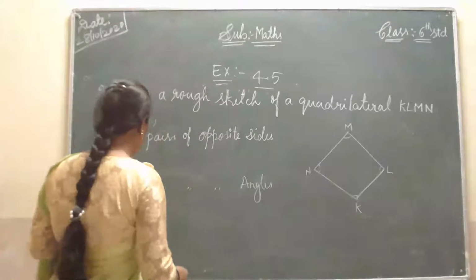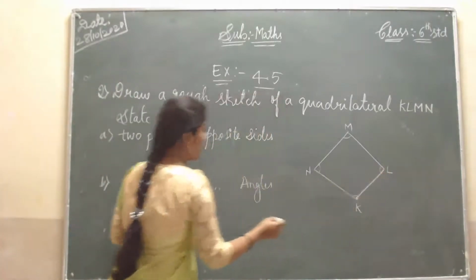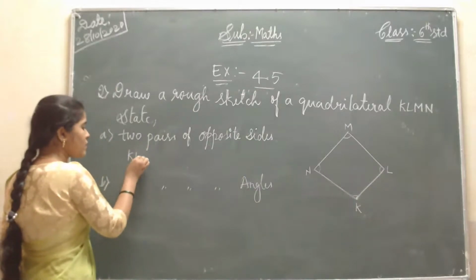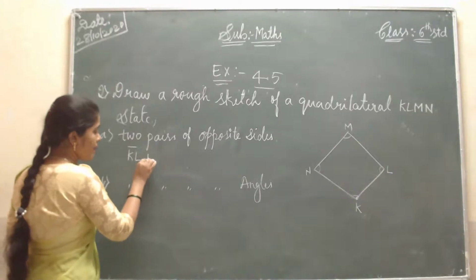Here, the first line segment is KL. Opposite of that KL is MN.